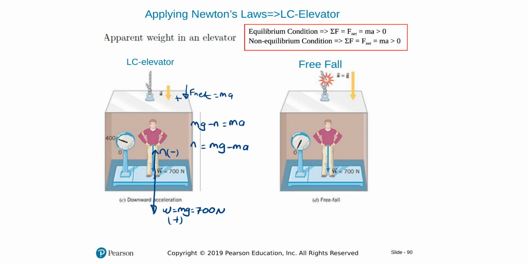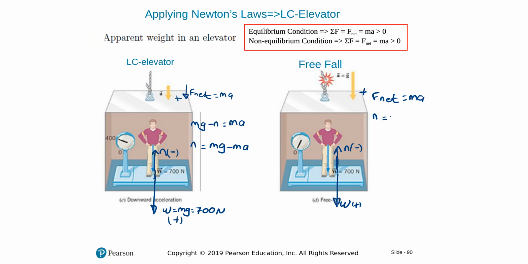If my acceleration is equal to g, we looked at it in a different context of orbiting, but it's equivalent, so we went back to this already. But if my a is equal to g, it's a free fall, and if I apply, the situation will be the same. A is down, down is positive, right? N is up, so that's negative. And weight is down, so that's positive. And I'm going to get the same when I apply F net is equal to ma, right? The same as on the left.